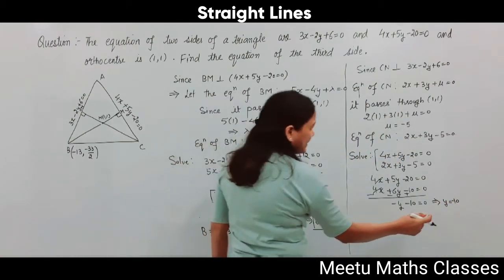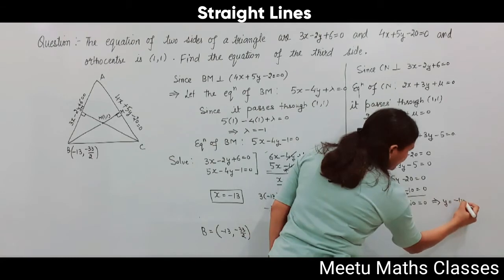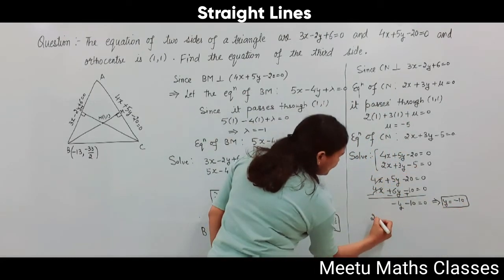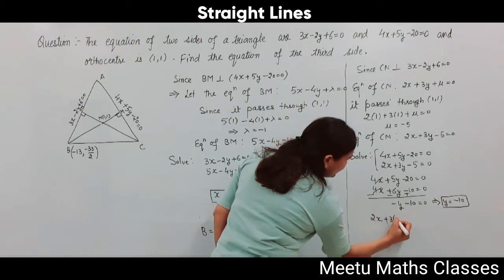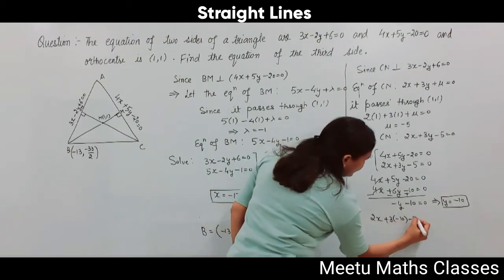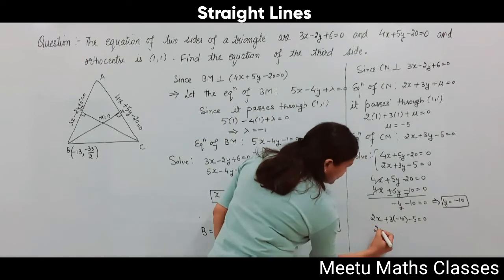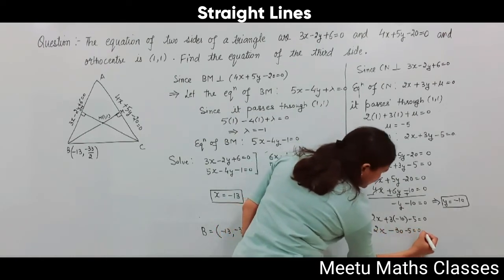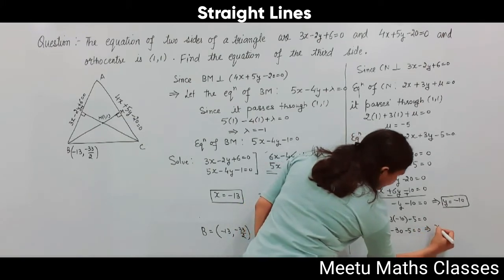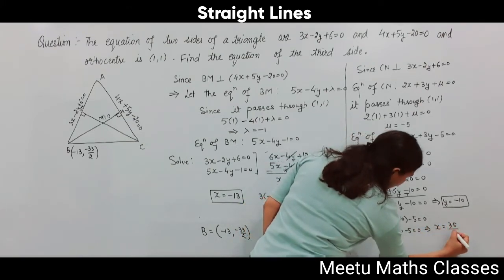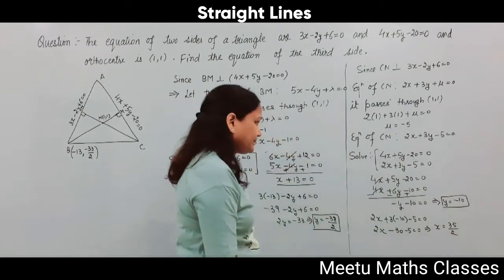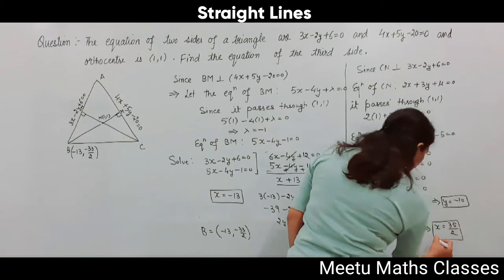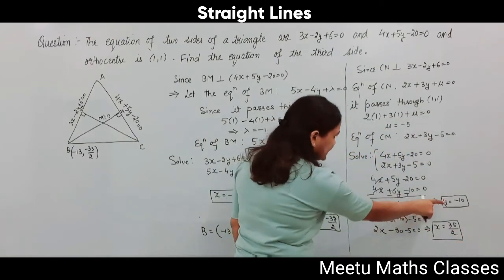So y is equal to minus 10. By substituting the value of y in any of the equations, we can find the value of x. So 2x minus 30 minus 5 equals 0, so x will be 35 upon 2, and y equals minus 10.